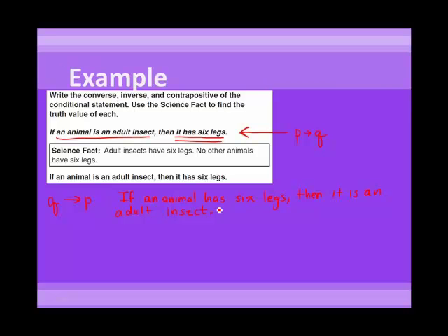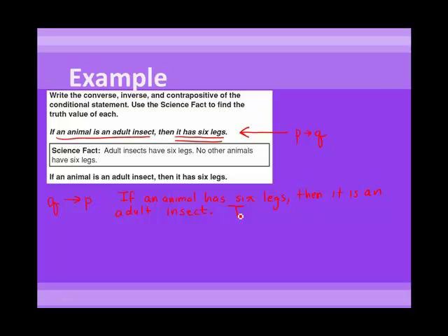If we try to evaluate that statement for its truth value, based on this science fact, adult insects have 6 legs and no other animals have 6 legs. So if an animal has 6 legs, then it has to be an adult insect. I would say that statement is true.